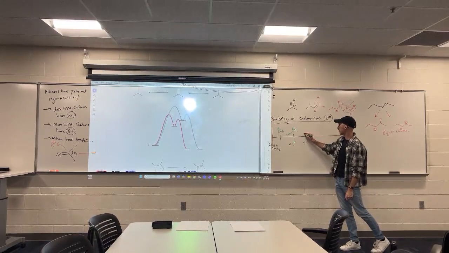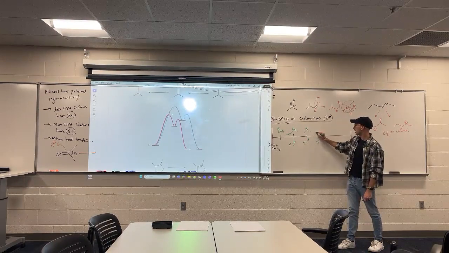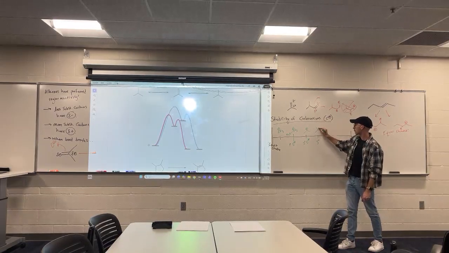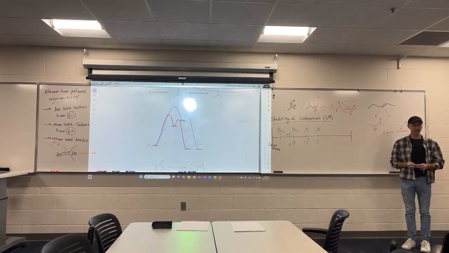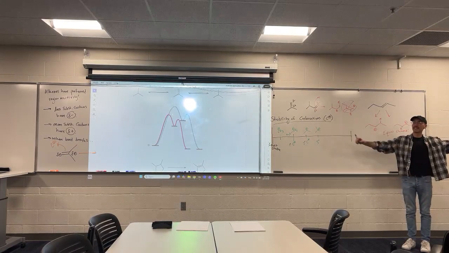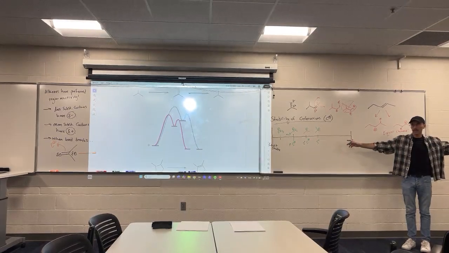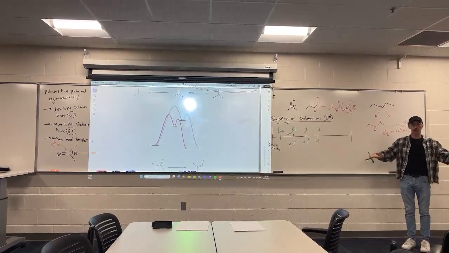Then secondary carbocations and tertiary carbocations. But that's not the end of our chart, because cations stabilize even better if that charge is not localized. If that charge can delocalize, then the charge at any one position is smaller.